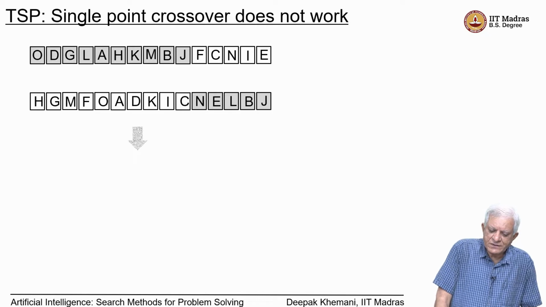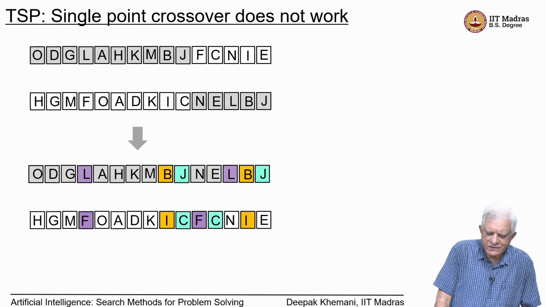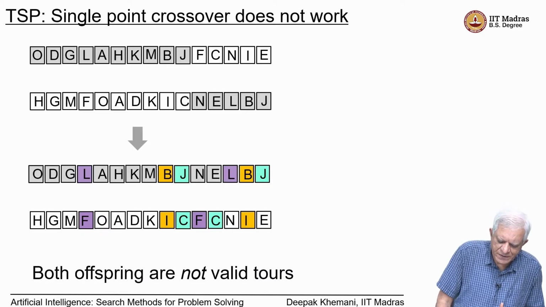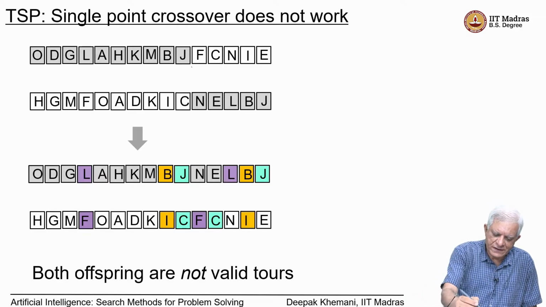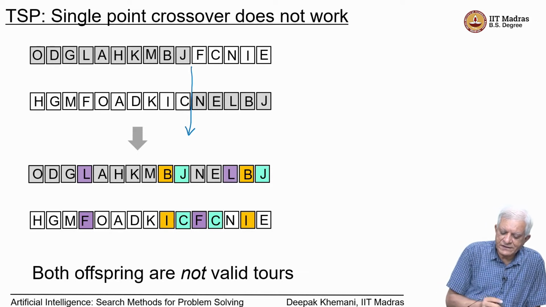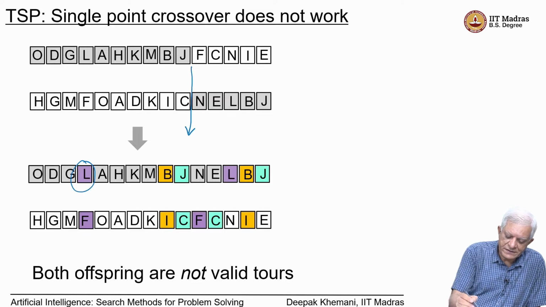The first observation to make is that the single point crossover will not work for TSP. So, supposing we have these two tours for this number of cities, and we do a random single point crossover at this point, then you can see that in the resulting children certain cities are repeated essentially.